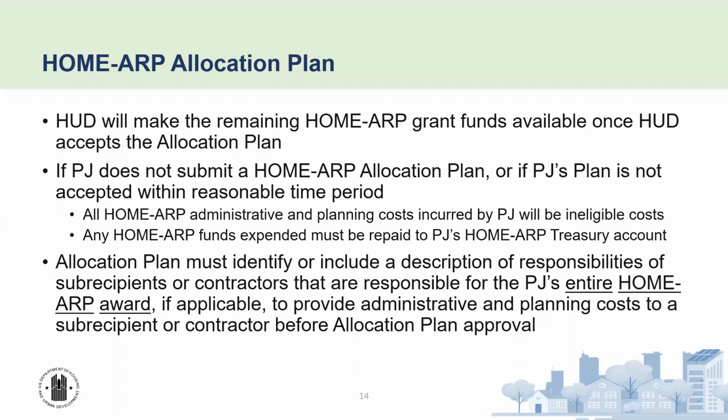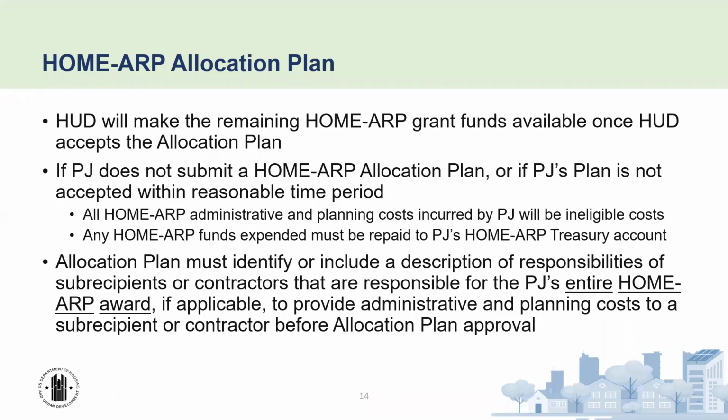In order to provide administrative and planning costs to a subrecipient or contractor before allocation plan approval, the plan must identify or at the minimum include a description of responsibilities of any subrecipients or contractors that will be responsible for the PJ's entire HOME-ARP award.